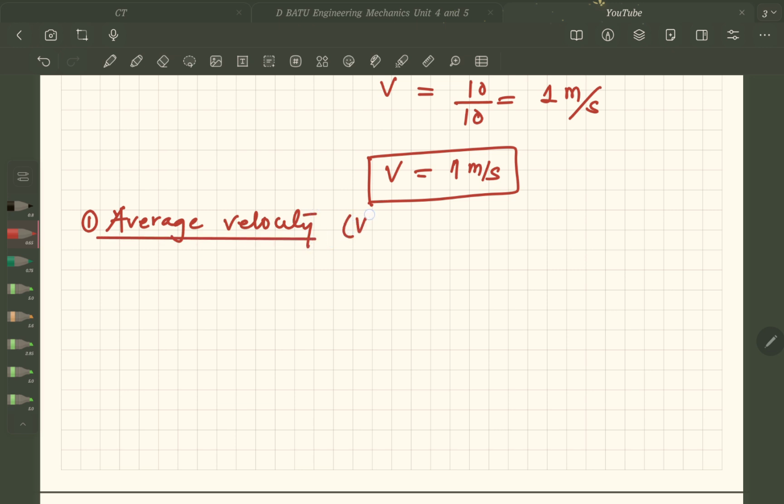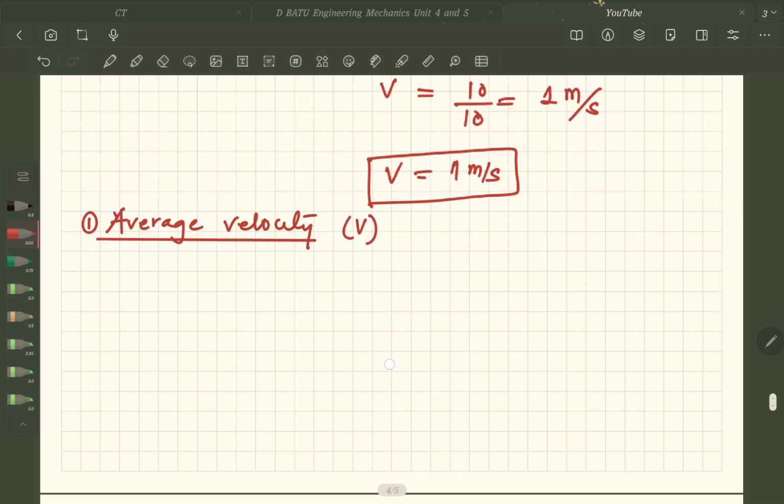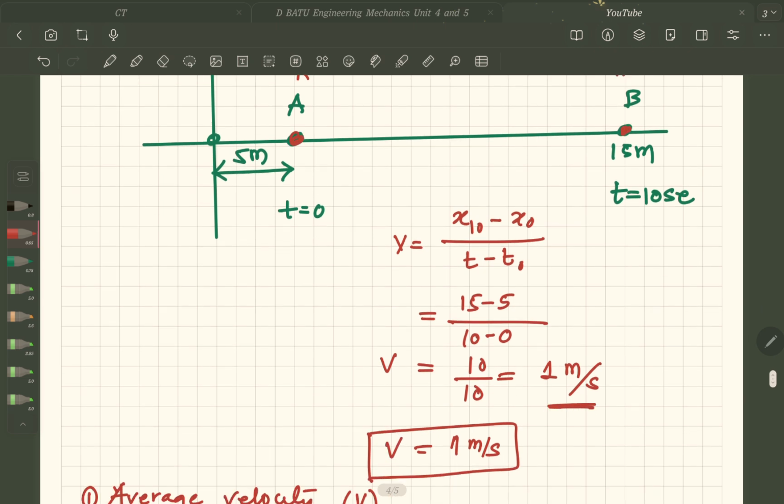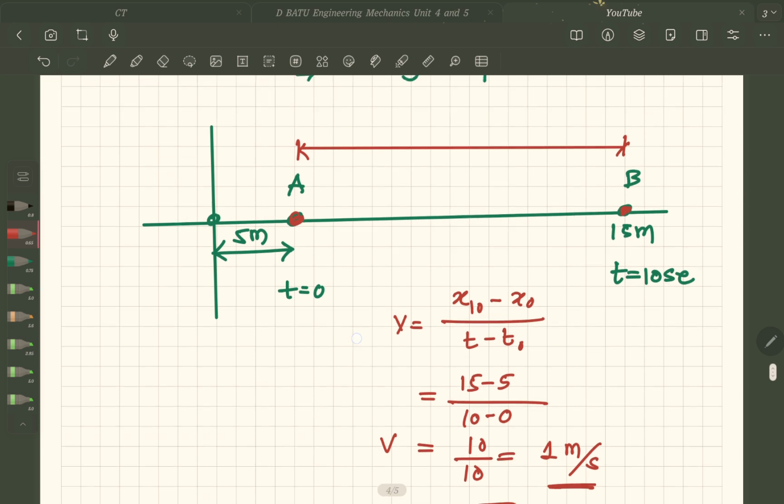Which is generally indicated as v bar. So when I say average velocity, as we have discussed in this case, the object is traveling from A to B, and now we have got the velocity as 1 meter per second. But we are not sure that this 1 meter per second is continuously the same throughout this distance. It may be 2 meter per second at one particular point of time, or it may be 0.5 meter per second at the other point.